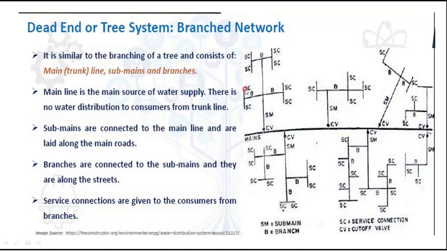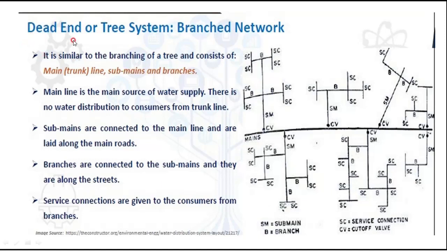Understood? Dead end means water when it comes here, it will supply here and it will stop there. It won't come back, because obviously if you provide it in a gravitational flow, then water is flowing and it will stop here only. This is one demerit of this dead end. Okay, and see here some water is dead, here dead storage, here dead storage, every dead end, the water will store there only, and again starts contamination and all.